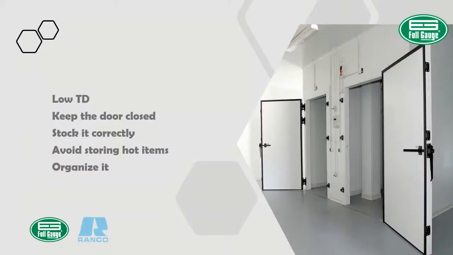So how do you achieve a low TD, the temperature difference between room and coil? A low TD is normally between 8 and 10 degrees Fahrenheit. And there are a few conditions that can help to achieve such a low temperature difference.